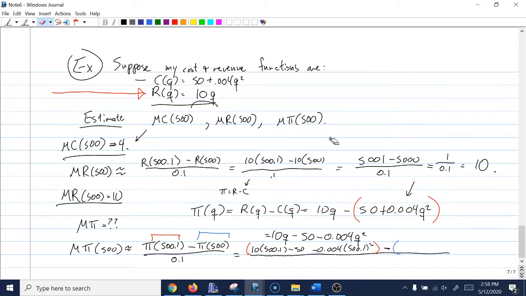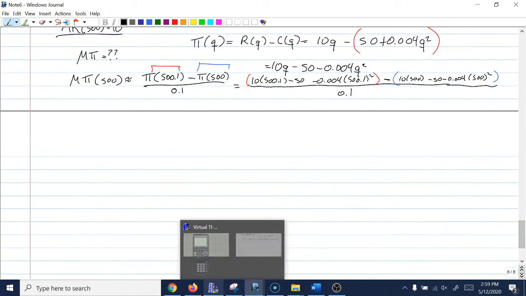Minus the whole thing. These blue parentheses do matter. Plug in 500 now. I need 10 times 500 minus 50 minus 0.004 times 500 squared. Close out those blue parentheses. All of this divided by 0.1.